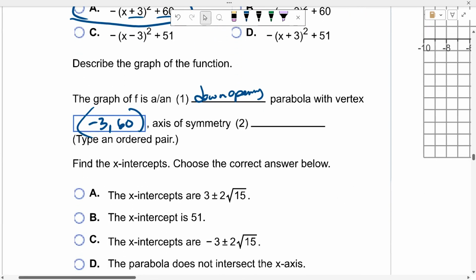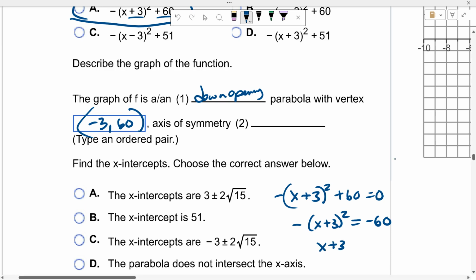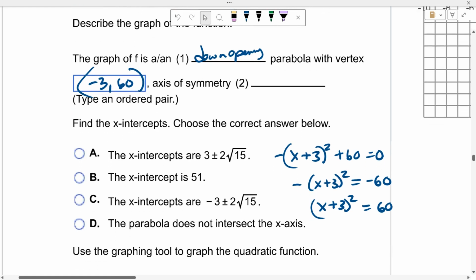Okay. So if we go negative x plus 3 quantity squared plus 60 equals 0, then negative x plus 3 quantity squared equals negative 60. So x plus 3 quantity squared equals a positive 60 if we divide both sides.